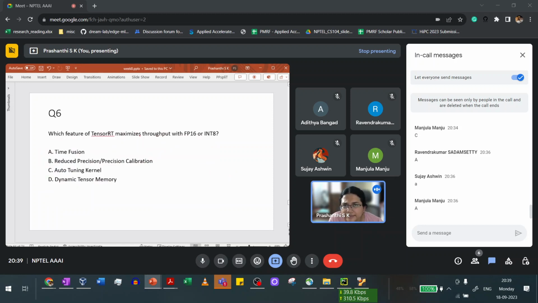Which feature of TensorRT maximizes throughput with FP16 or Int8? Time fusion, reduced precision calibration, auto tuning a kernel, dynamic tensor memory. B, reduced precision or precision calibration. Okay.